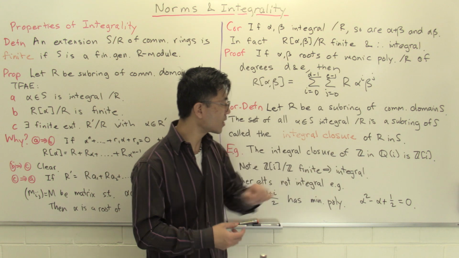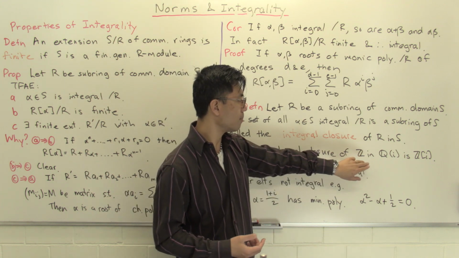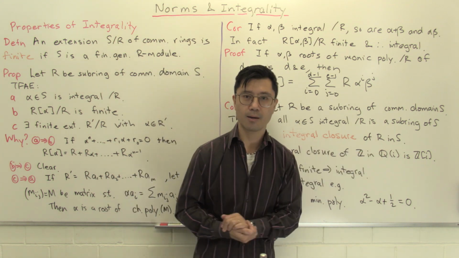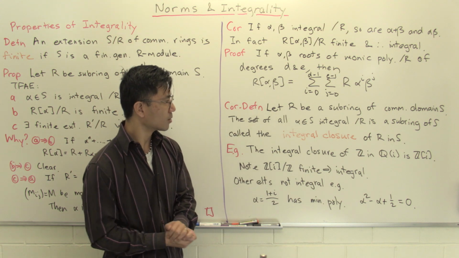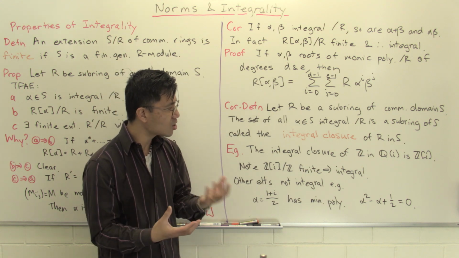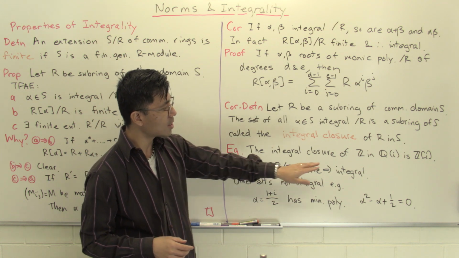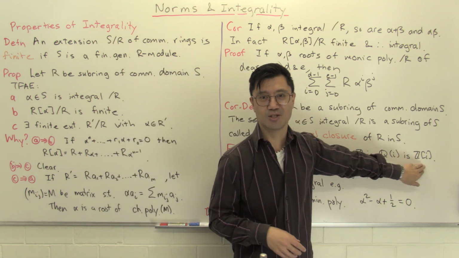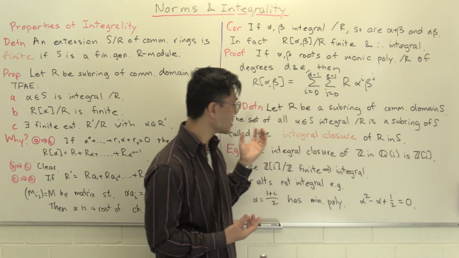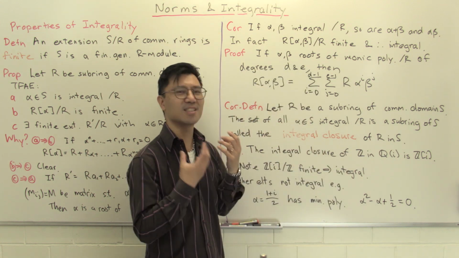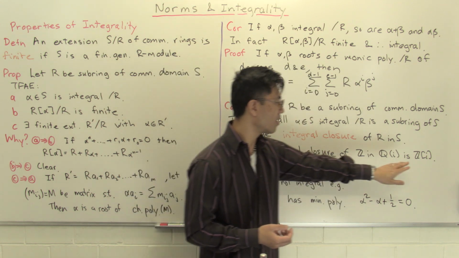Let's look at the integral closure of Z inside this Q(i). It should be kind of like a set of integers, and it's a subring, and I claim it's actually the Gaussian integers. So this notion gives us exactly what you want, to recover this.